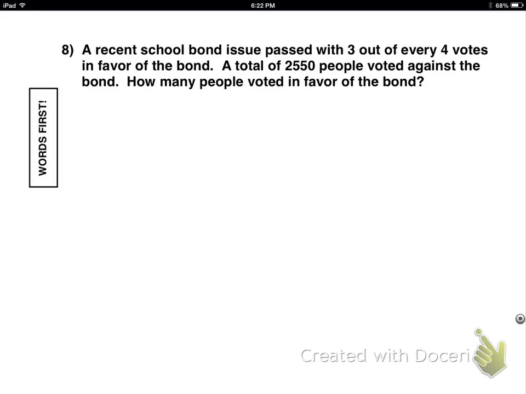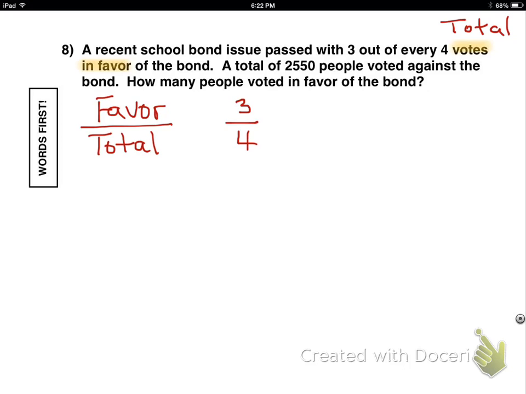So again, we will write a ratio in words, and the ratio that we have explicitly in the problem is votes total to the number in favor, or the number in favor to votes total. And this is how I wrote it: those in favor to the total number of votes cast. And that was 3 out of every 4.